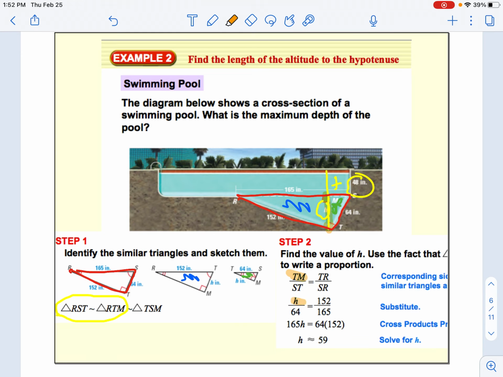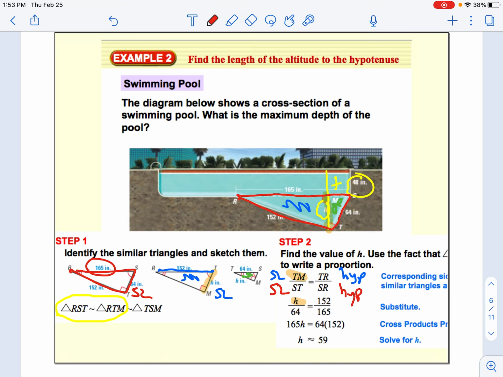So we know that TM right there is the shorter leg of that blue triangle. So this is the shorter leg of the blue triangle. So we're going to set that up in proportion to the shorter leg of the red triangle, which happens to be ST. And then we can write another ratio with the hypotenuse of the blue triangle, which is TR, and compare that to the hypotenuse of the red triangle, which is RS.